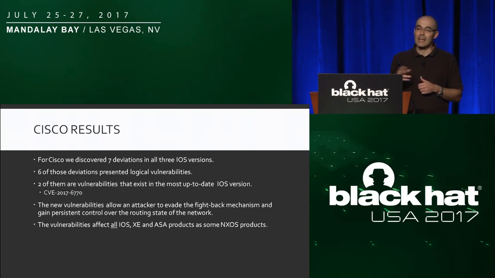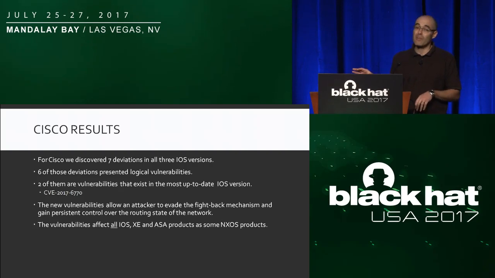2 of the 6 vulnerabilities were absolutely new vulnerabilities we found in the most up-to-date Cisco image. This is the CVE you see on the slide. Those new vulnerabilities allow the attacker to evade the fightback mechanism and send false LSAs and make them persistent in the network, persistently poisoning the routing tables of other routers.